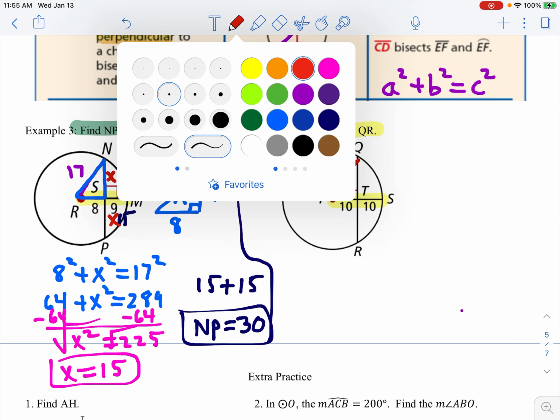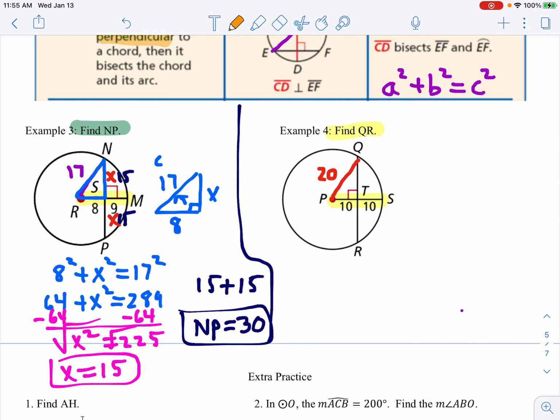Now we're going to be solving for the chord, so I'm going to go to my picture, and I'm going to highlight in green the triangle that I'm going to be working with. And I'm going to put an X on the missing side of it, and I know that this should be the same because the chord got bisected into two equal parts.